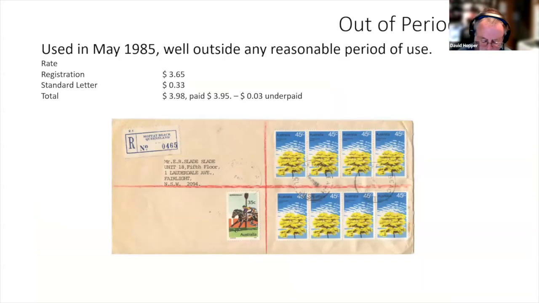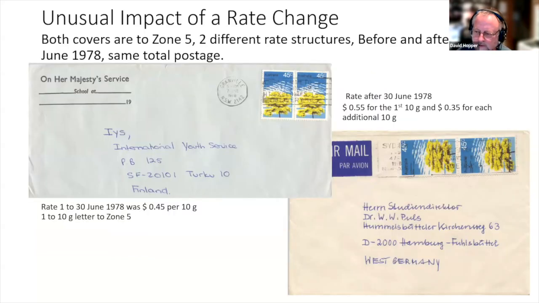After June 30th, the rate changed to 55 cents for the first 10 grams and 35 cents for each additional 10 grams. So 55 and 35 is the same as 45 and 45. So the covers look like they're paying the same postal rate, but they're paying totally different rate structures. Again, the kind of thing you'd cruise by if you didn't understand how rates work and all that stuff.